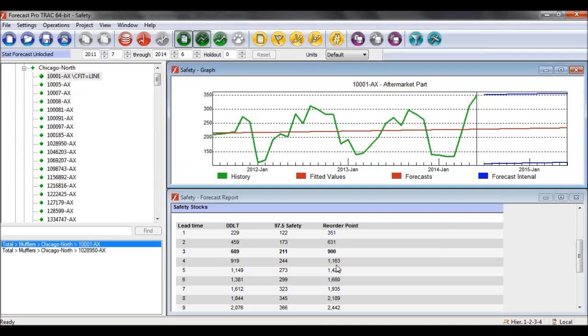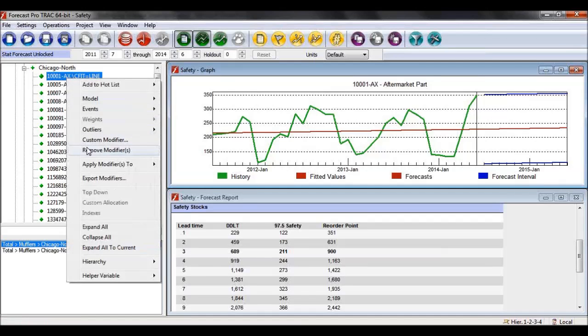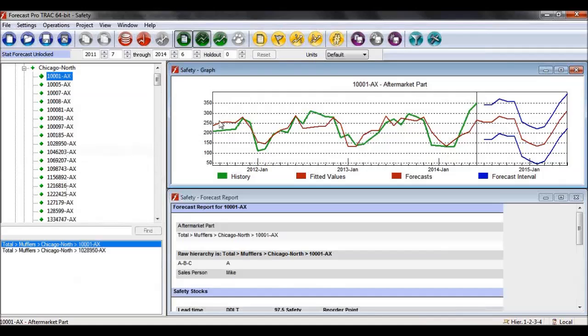So going back to Forecast Pro, you can see that here, with our poor modeling, using a very simple model and our flat line, we have a very wide range around our forecast because we're not doing a very good job explaining the variation. If we were to come here and remove this and use a more appropriate model, you can see the fit gets much better.